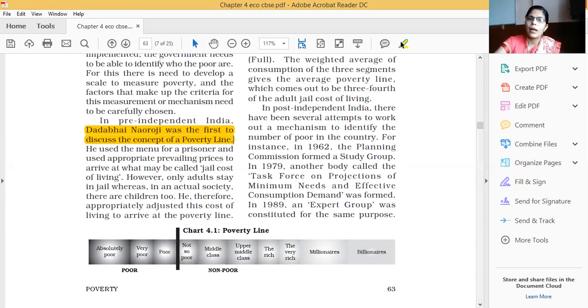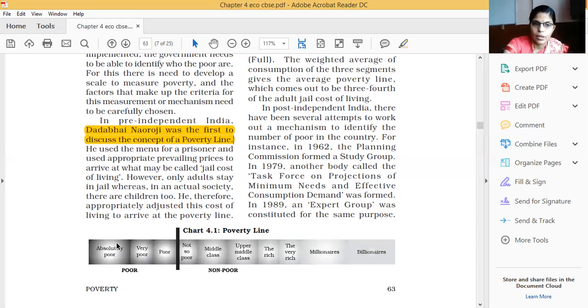He used a menu for a pioneer and used appropriate prevailing prices to arrive at what may be called the jail cost of living. Only adults stay in jail, whereas in an actual society there are children too. He therefore appropriately adjusted this cost of living to arrive at the poverty line.